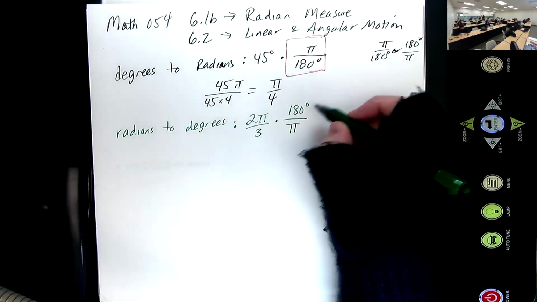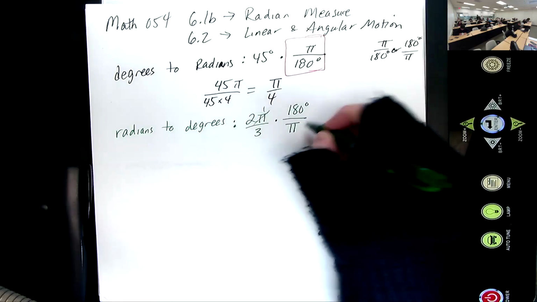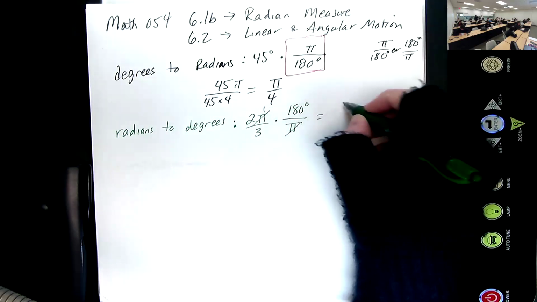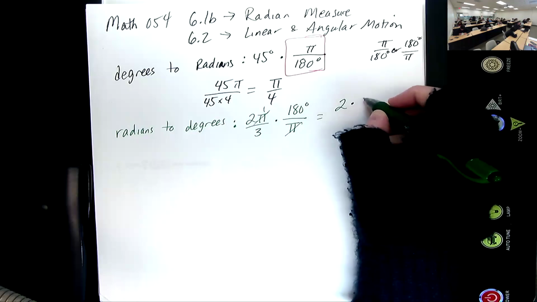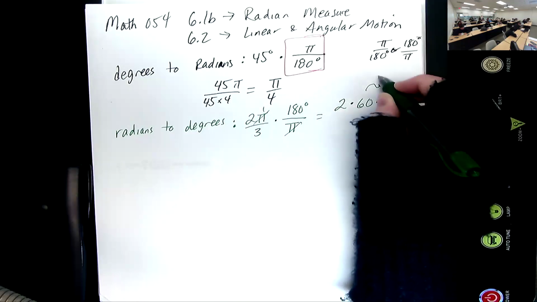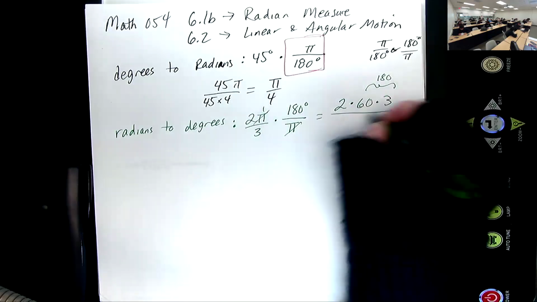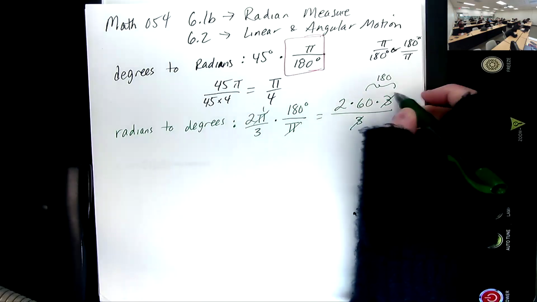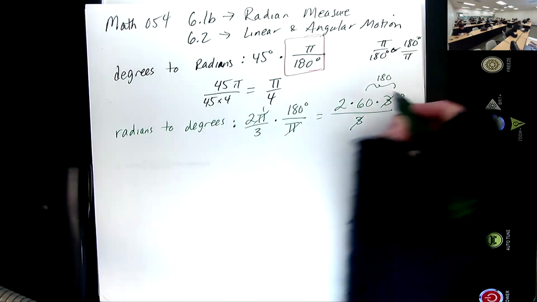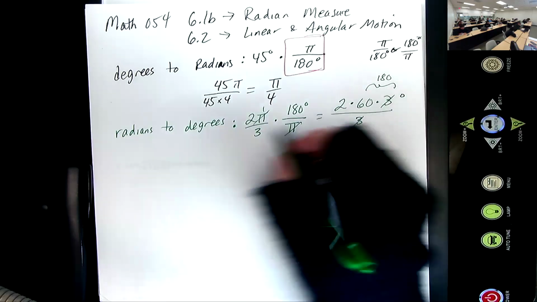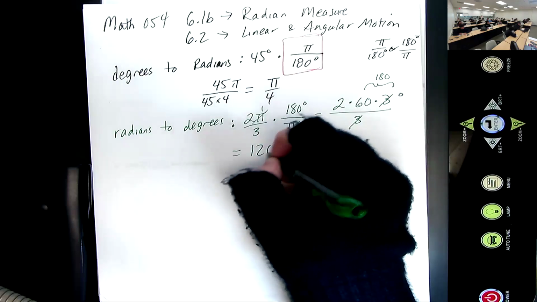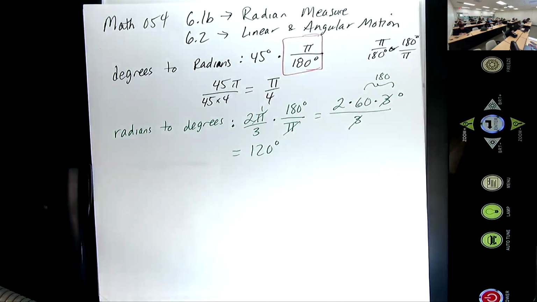If I do that, the pi's will cancel out. And 180 is 60 times 3. We got a 3 on the bottom, the 3 cancels, and we're left with 2 times 60, which would be 120 degrees. So this is stuff we did, it's been a week. I know it's been a while, but we did this this week.